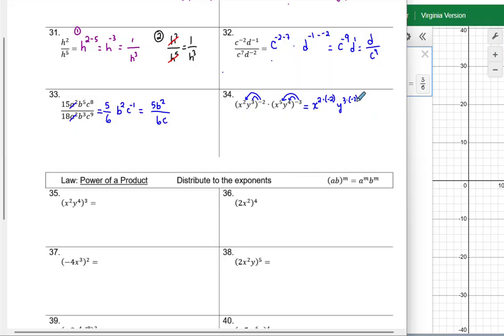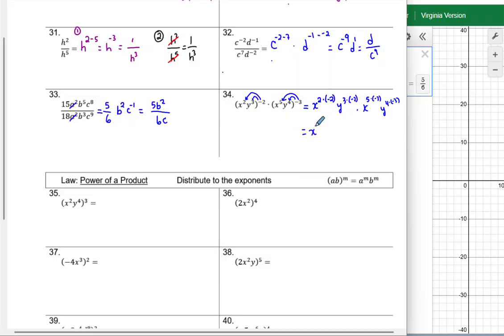If you just multiply it and not write all this out, that's totally fine. And then you have x^5 times -3, and then y^4 times -3. So that's just everything written out.